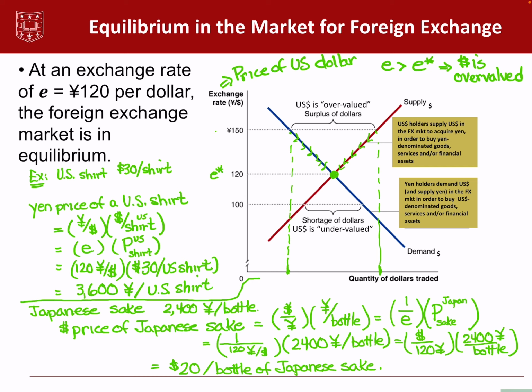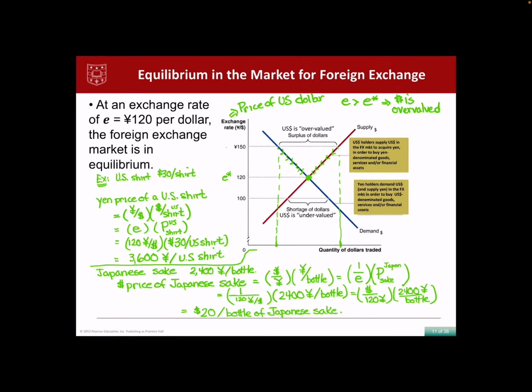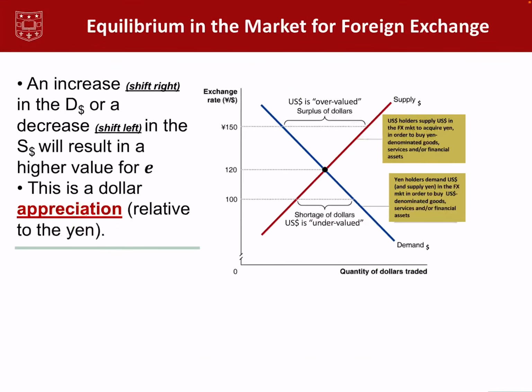So we're going to turn to that in a couple of slides, but what I want to do first is to note that just as in the market for dog food, if the demand for dog food shifts to the right, you would know that, other things equal, the price of dog food is going to go up. Or, in other words, dog food is going to appreciate. And so that is what we're turning to here.